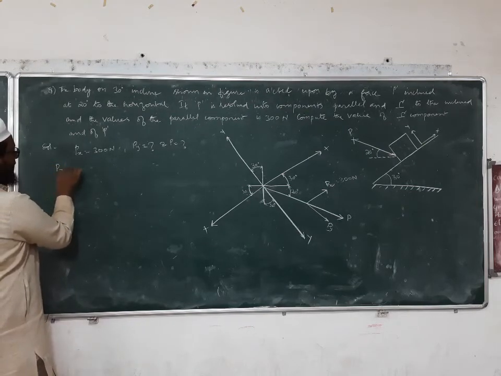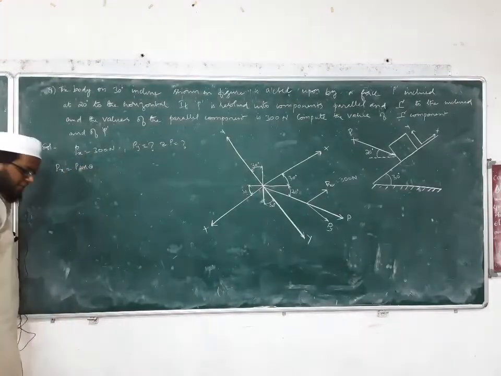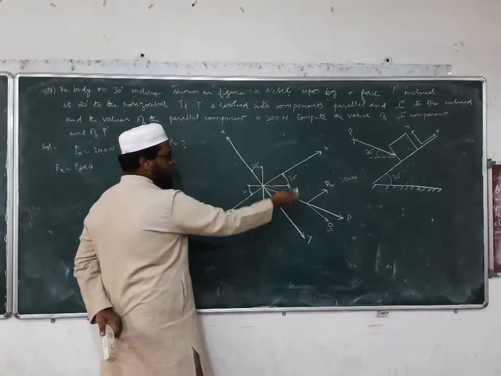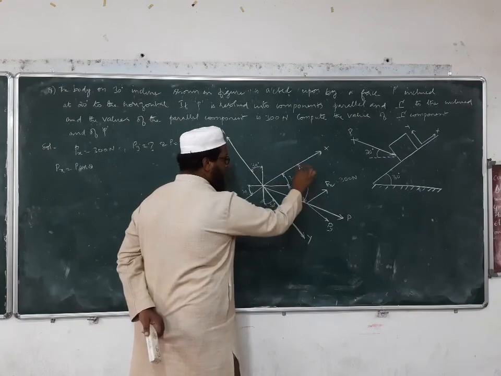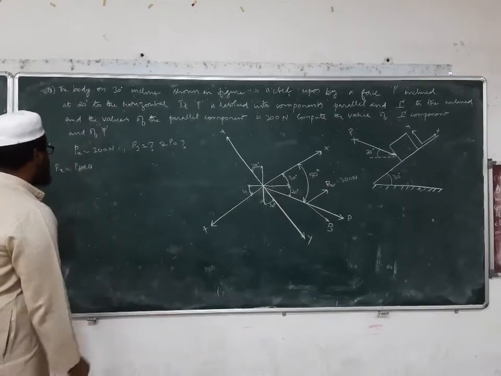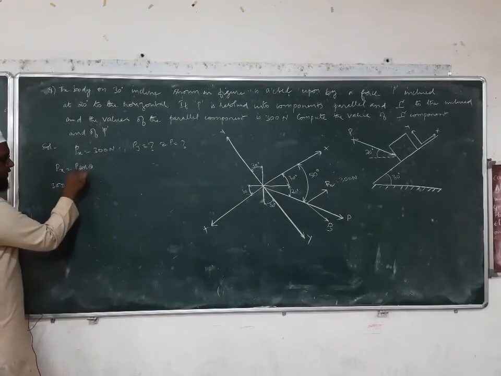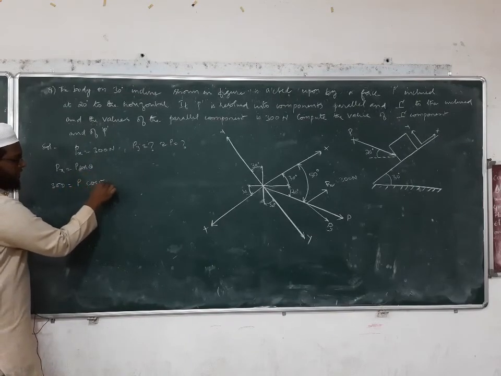We know the formula of Px is equal to P cos theta. Okay. Now what is theta here? Theta is the total angle with the x axis. How much? The total angle is 50 degrees, isn't it? So Px, which we know is 300, is equal to P, which we don't know, times cos 50 degrees.